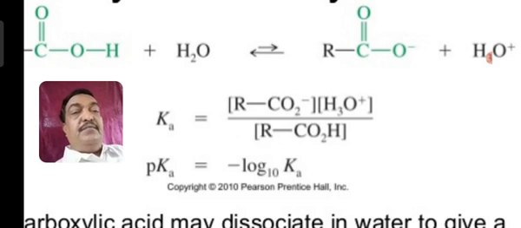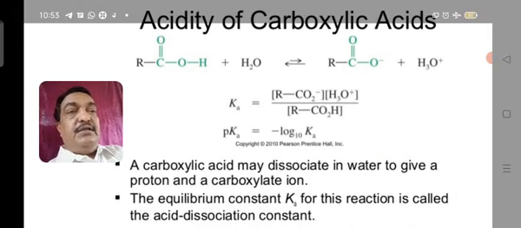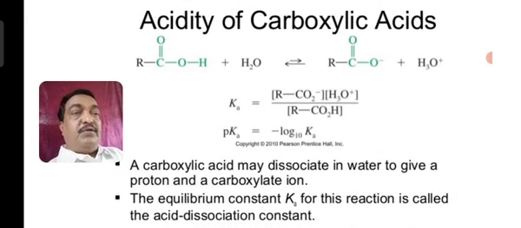Now applying pKa, you can calculate it. With this, let me complete this topic at this stage, and we will discuss the acidic strength and certain reactions of carboxylic acid next time.